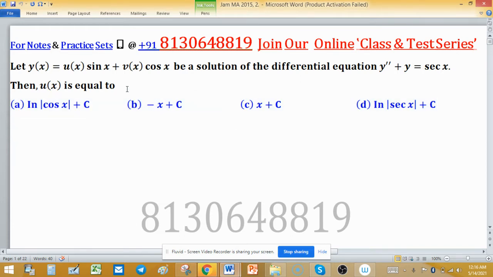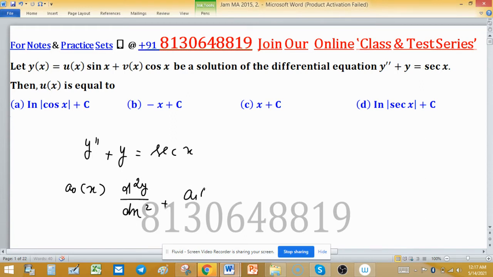So this is a linear differential equation of second order, given by y double prime plus y equal to sec x. The standard format of a second order linear differential equation is a0(x) d2y upon dx square plus a1(x) dy upon dx plus a2(x) y is equal to f(x).